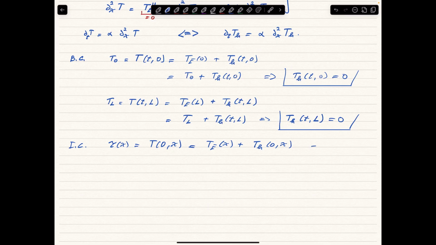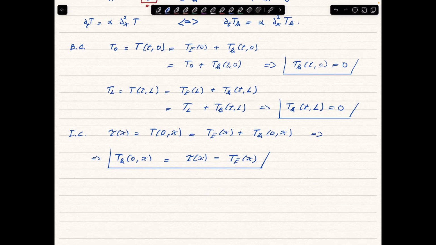So from here we get what is the initial temperature for the part of the solution called TH of 0, x. And this is nothing more than the original initial temperature minus the equilibrium solution.